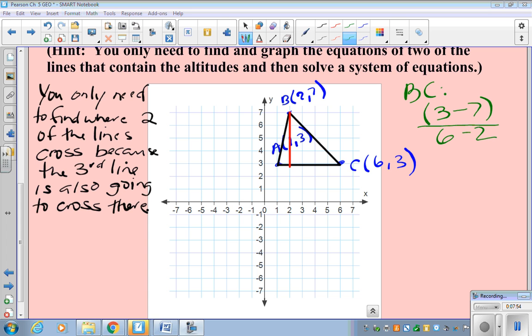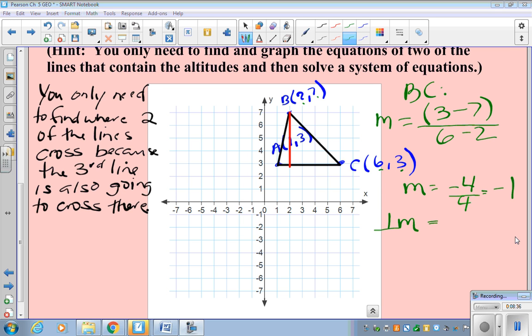So the slope for BC is 3 minus 7 over 6 minus 2. 3 minus 7 is negative 4, and 6 minus 2 is 4. That is equal to negative 1. Perpendicular slope is the negative reciprocal of negative 1.